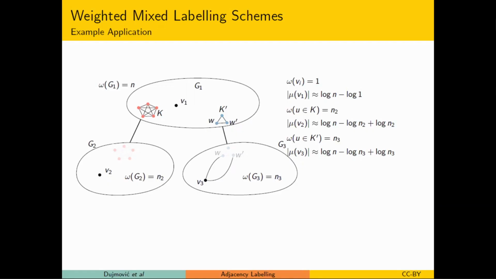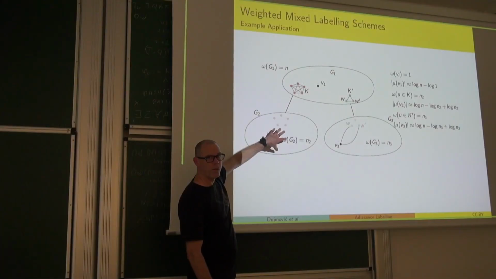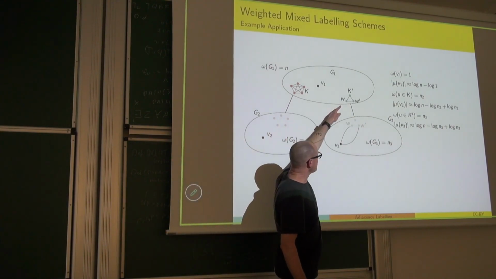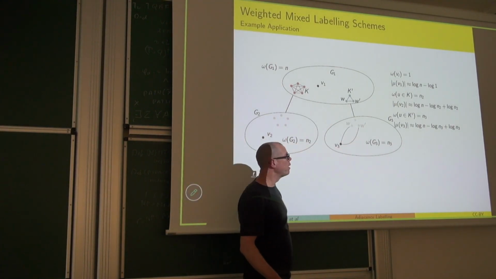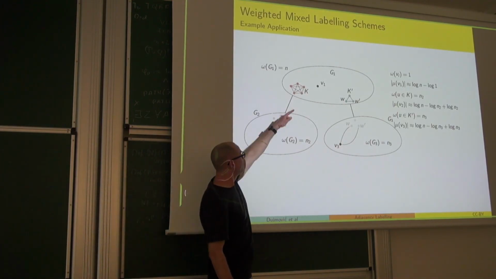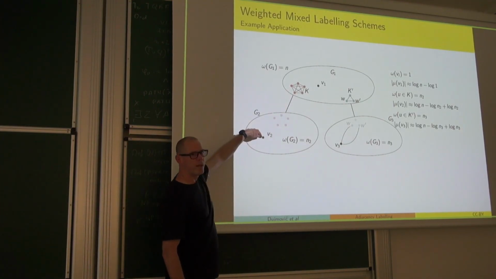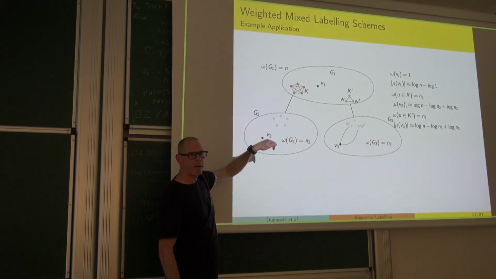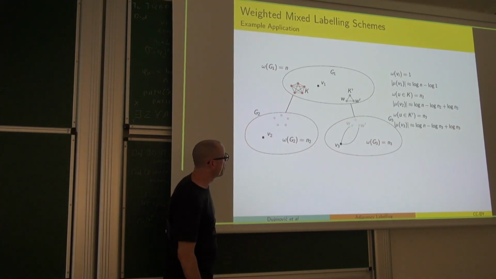But the weight of a vertex in this clique will just be the number of vertices down here. And now if you look at the length of the clique label plus the length of the label down here, that's just log n. Okay, great.